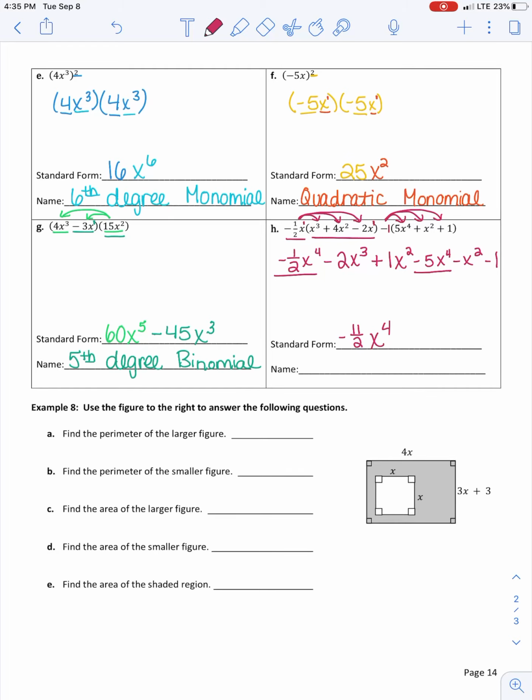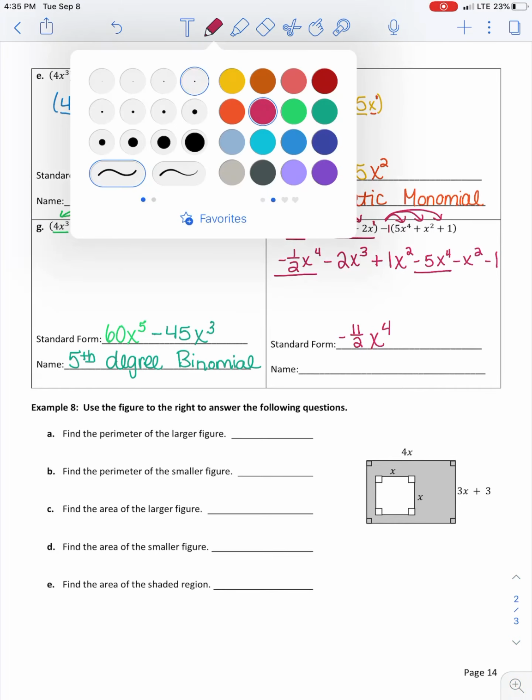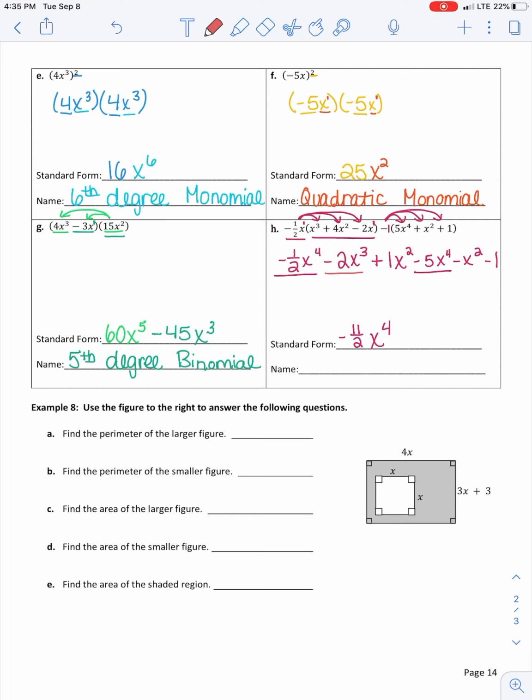Then I have this negative 2x to the 3rd, and I have no other x to the 3rd, so I'm just going to bring that down. Then I have 1x squared and negative 1x squared. So basically, 1 minus 1 gives me 0, so these are going to cancel each other out. And I would then be left with negative 1 that I'm going to bring down.